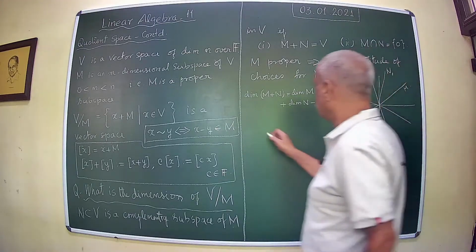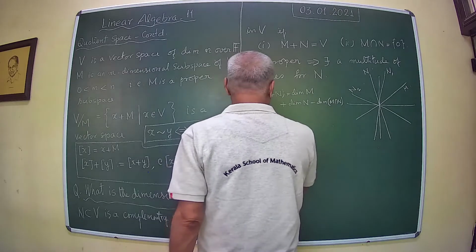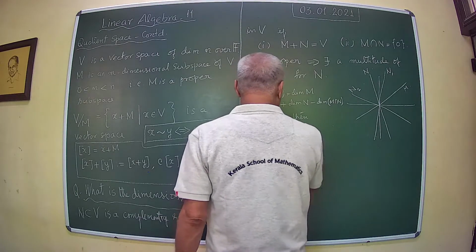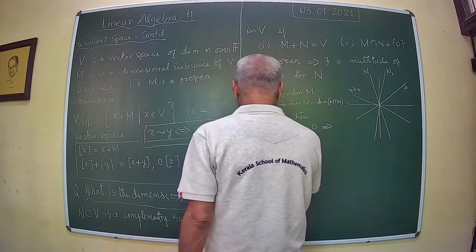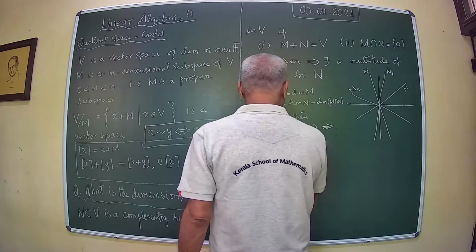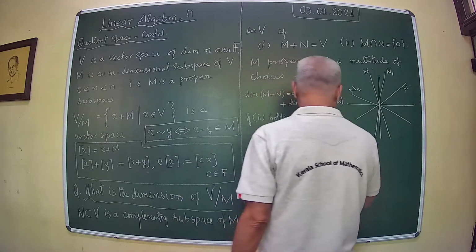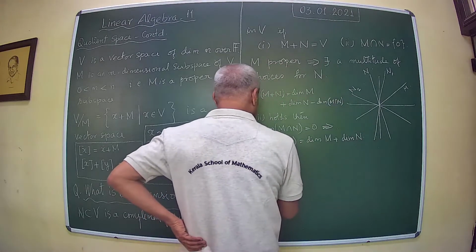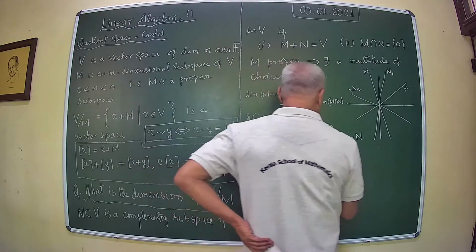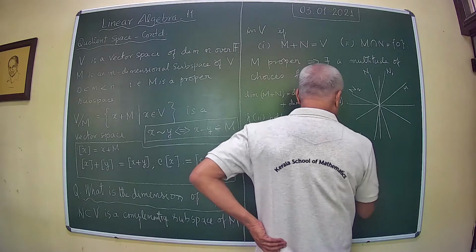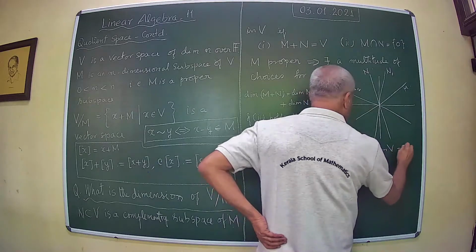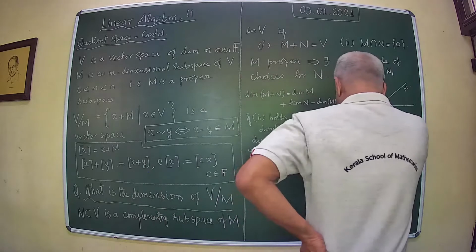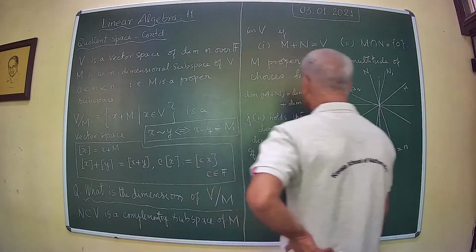So in that case, if 2 holds, then dimension of... if 1 holds, then dimension of M plus N equal to n, which implies that's a proof of this.